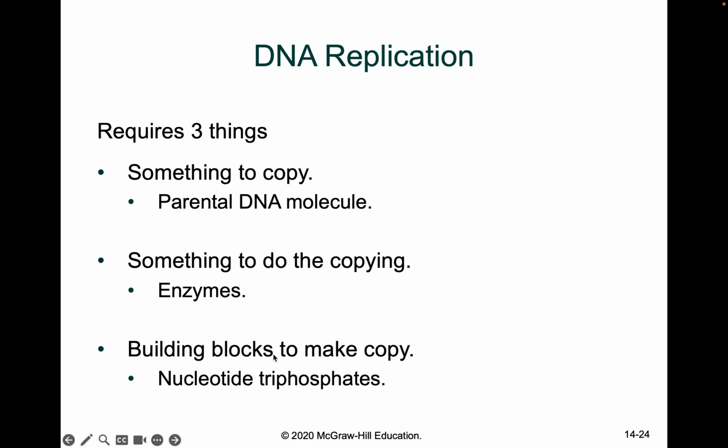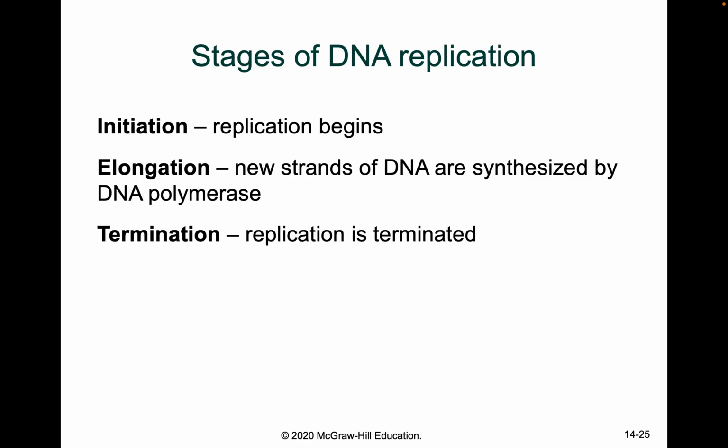And of course, you need the building blocks, the monomers. You need nucleotides to build the new strand. So three things: the parental DNA molecule to copy, the enzymes to do the work, and the nucleotides that build the new polymer of DNA strand.